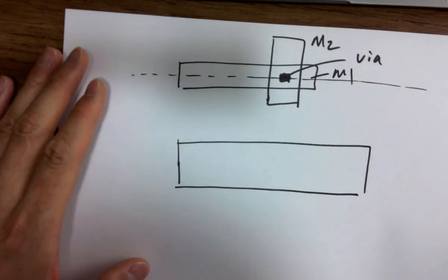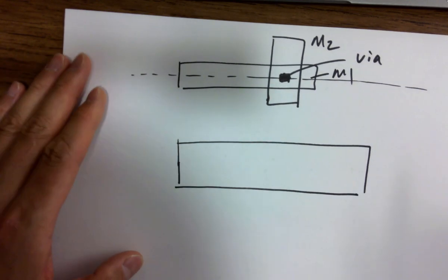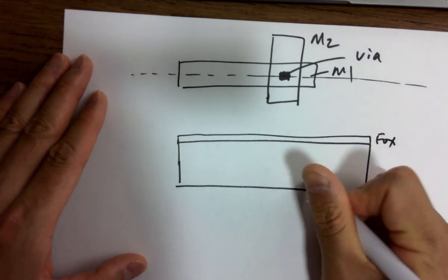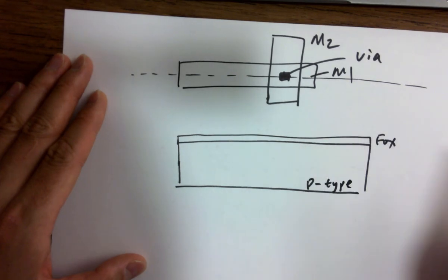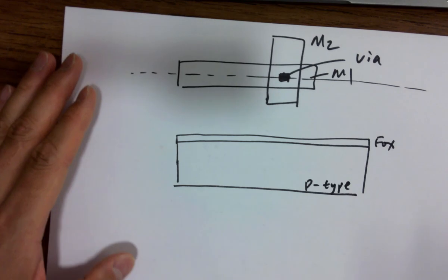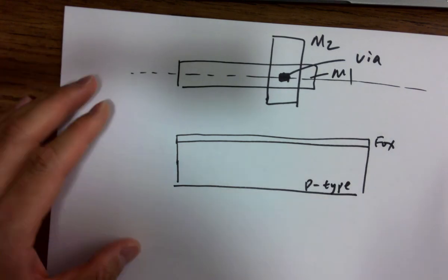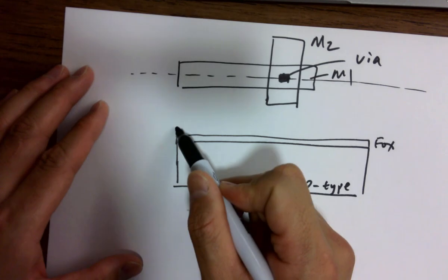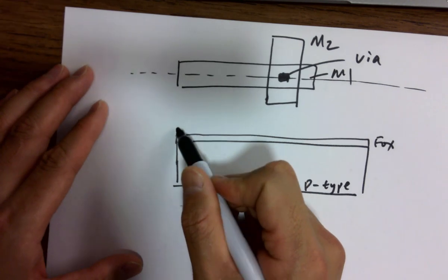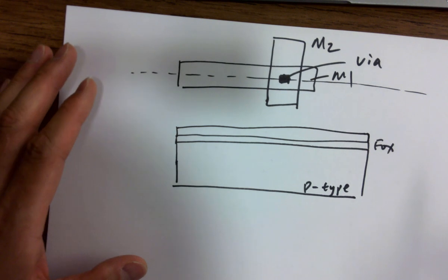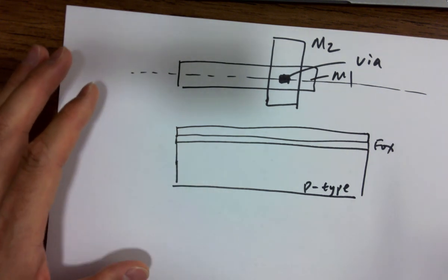Do you have N plus or P plus in there? No, just metal layers. So that's why the Fox will stay. And this is a P-type. All right, what's on the top of the Fox? Poly. Do you have any poly wires over here in the design? No, but do you still have the insulator? You still need it.